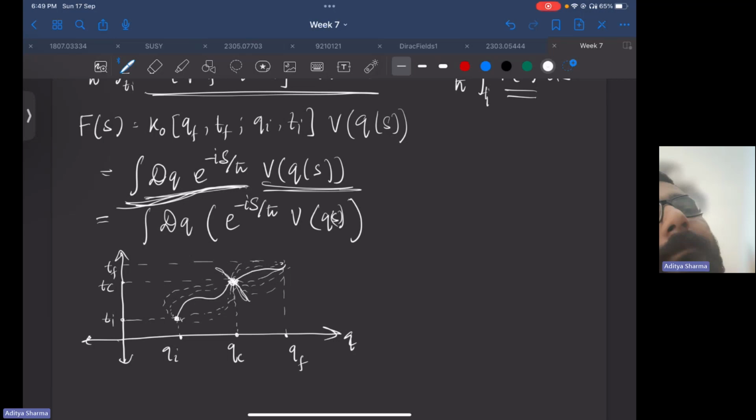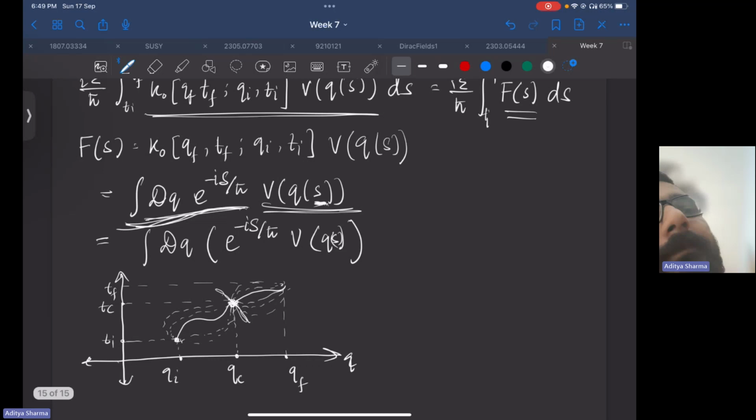Now this trajectory is weighed only at this Q. It is only weighed at the instant of time S. I've removed the integral from here and I've put only this. This is like summing over all paths and weighed at the moment equal to S. So Tc equal to S. Okay.